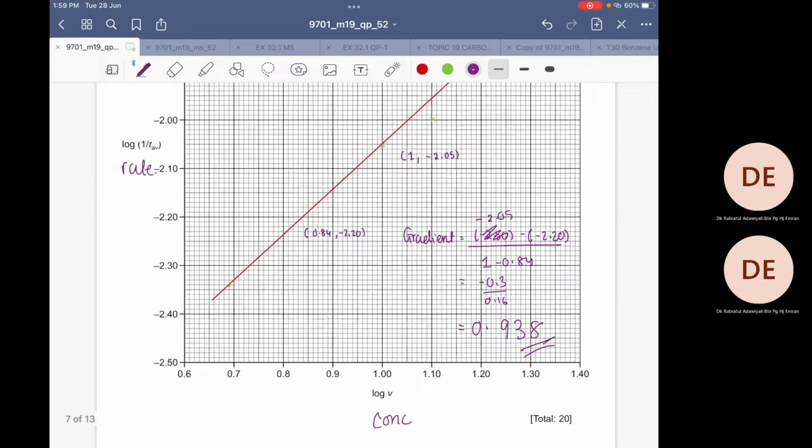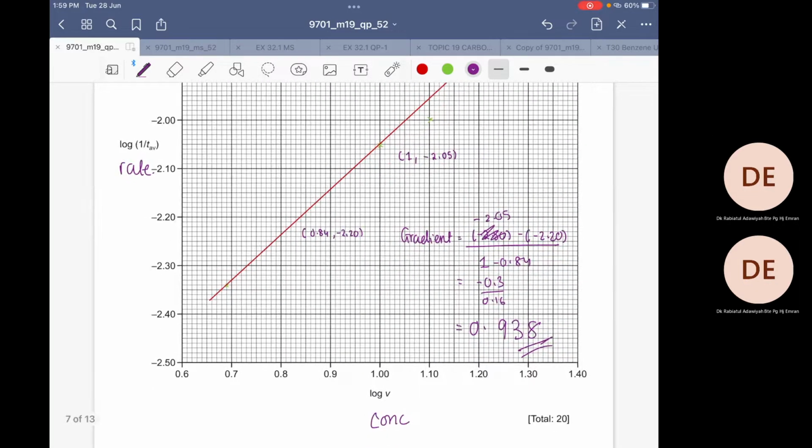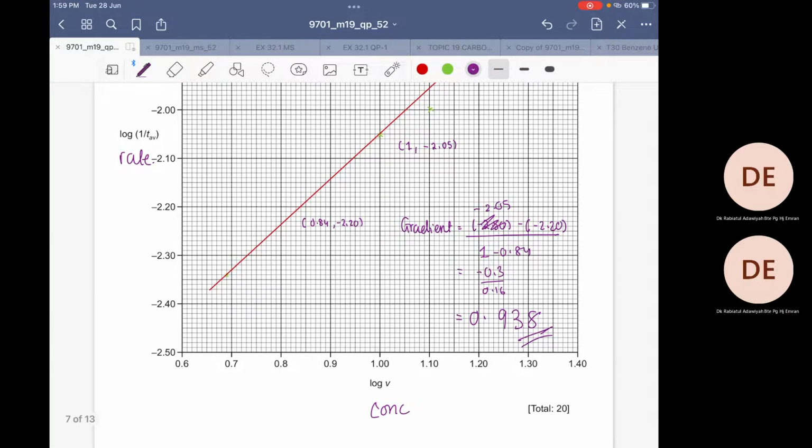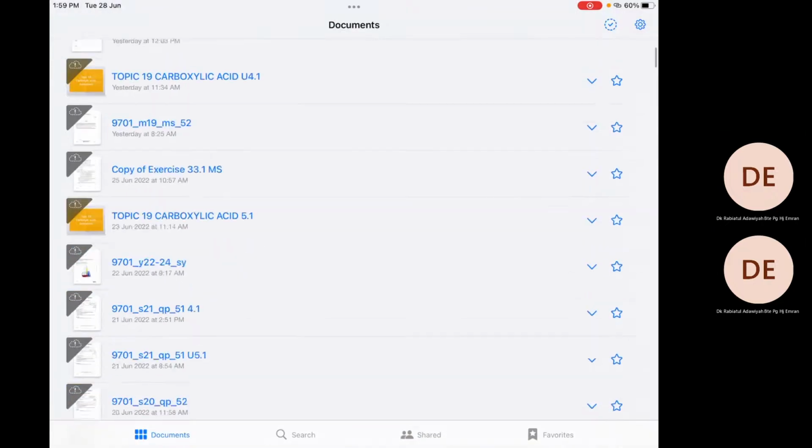When you have a rate concentration graph, if it's a straight line, do you remember which order? First order, okay?